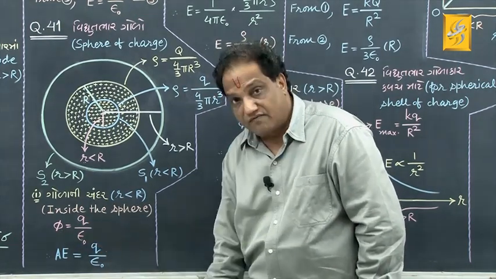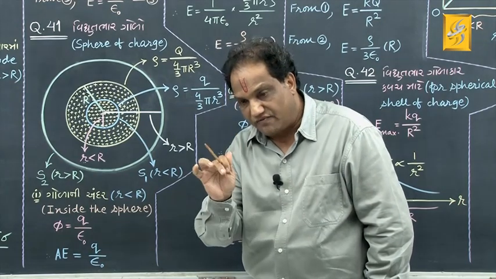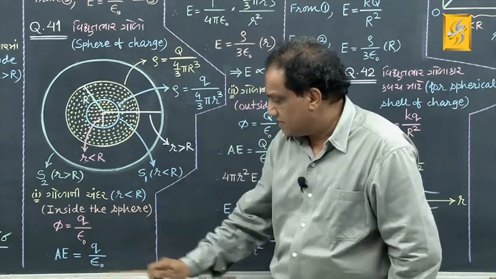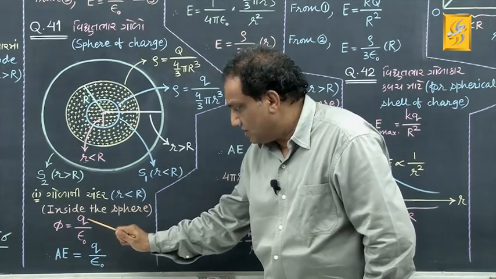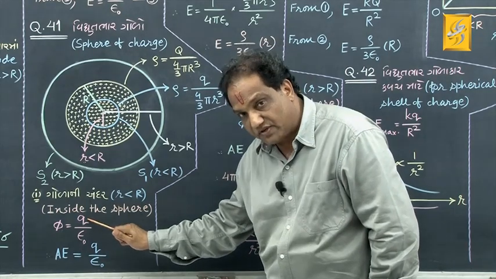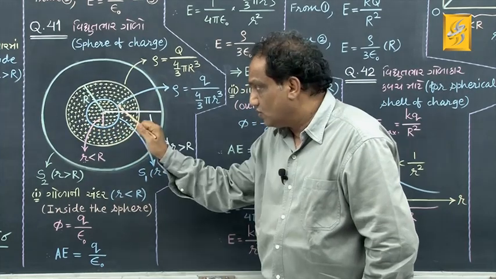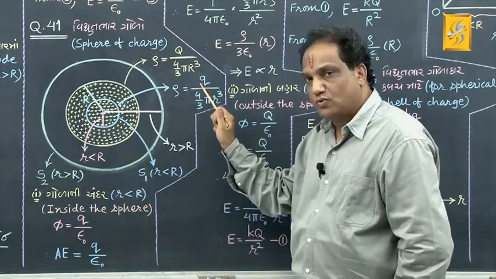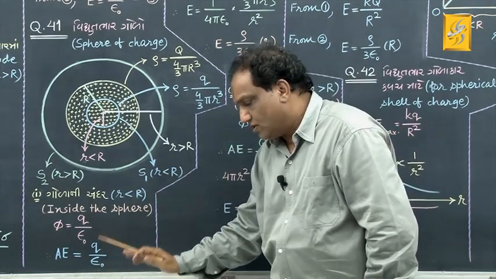What is phi? Electric flux. For radial electric field, its formula is surface area into electric field. Surface area is A, electric field is E. This q is the charge enclosed by the considered Gaussian surface. Considered Gaussian surface is this, and charge enclosed by it, let it be small q, so I am writing here small q divided by epsilon 0.